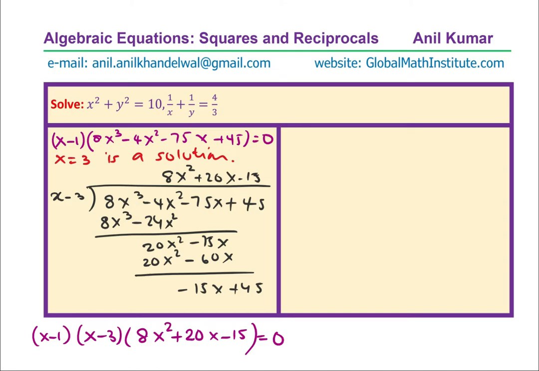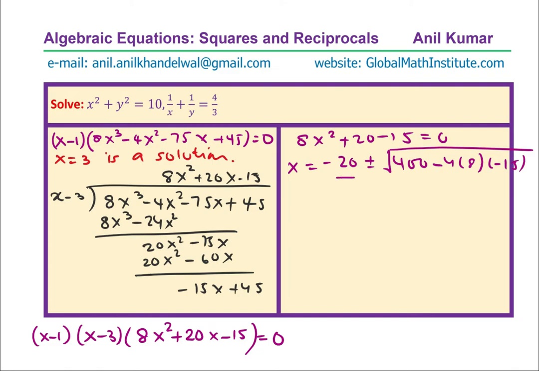We can use the quadratic formula to find the solution. So to solve for 8x squared plus 20x minus 15 equals 0, we can say x equals minus 20 plus or minus the square root of b squared, which is 400, minus 4ac, so minus 4 times 8 times minus 15, divided by 2 times 8, which is 16, correct?